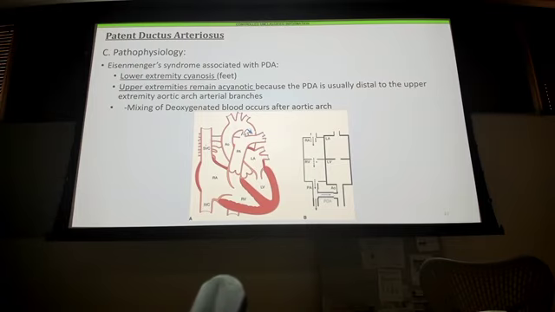But based on where this ductus arteriosus is located, what ends up happening in Eisenmenger syndrome from PDA is you have upper extremities and the head getting all that oxygenated blood appropriately, but the lower body and the lower extremities are getting that hypoxic blood. So you have normal color and everything like that in the upper body, but the lower body is cyanotic, just because of where that mixing occurs compared to a normal Eisenmenger's syndrome.